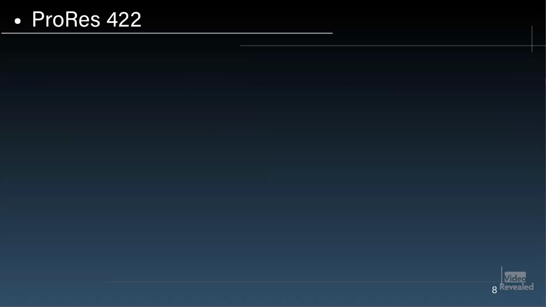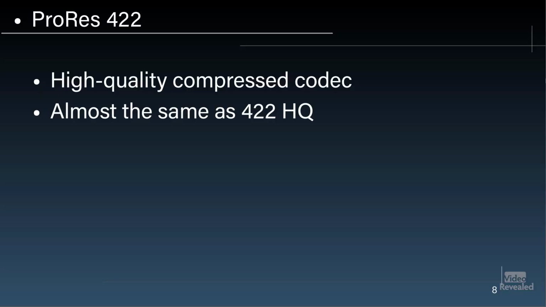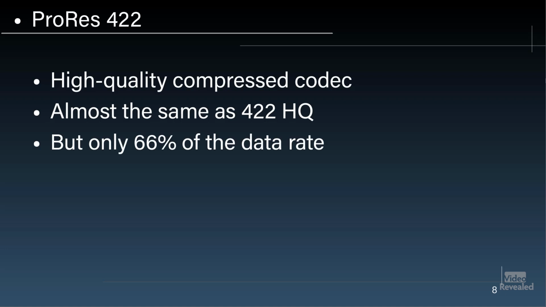Now, this is the one I use, and it is the most popular one. It's now just called High Quality Compressed Codec. The intro to my show, the intro to this QuickTime thing that I made in After Effects, I exported out as 422, and it looks just like the original. It's almost the same as 422 HQ, but only 66% of the data rate.